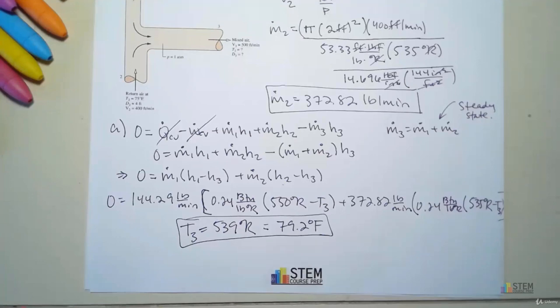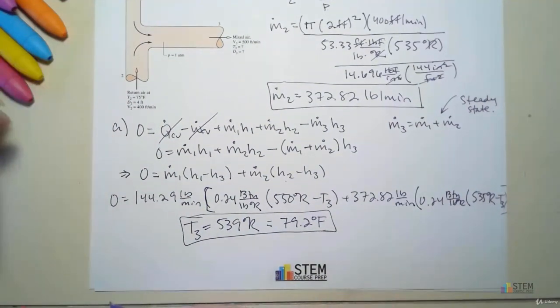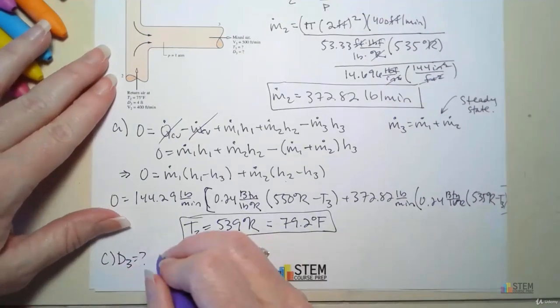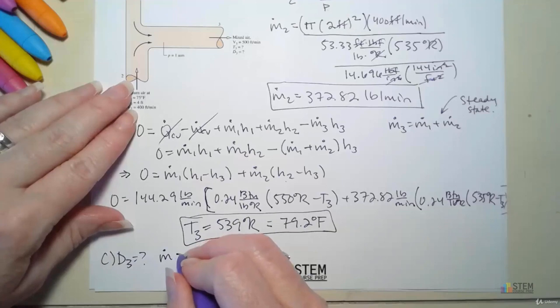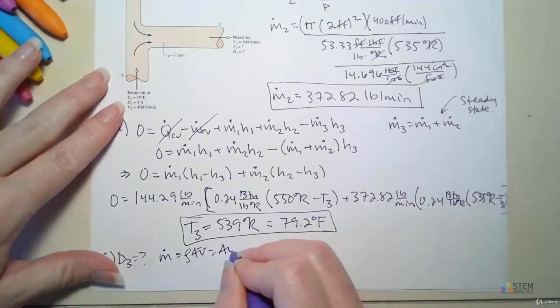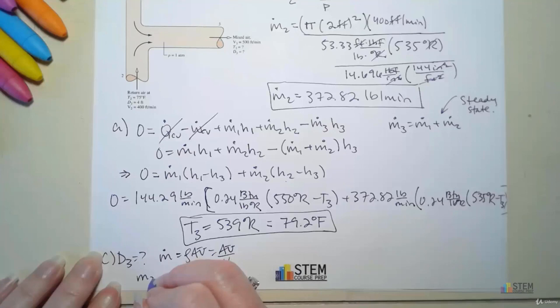Last thing we need to do is find the diameter of the duct at point 3, at that exit point. Now our equation with area is going to be the mass flow equation. And remember that that is rho AV, which is also AV over specific volume. And we also know that at point 3, M3 dot equals M1 plus M2 dot.